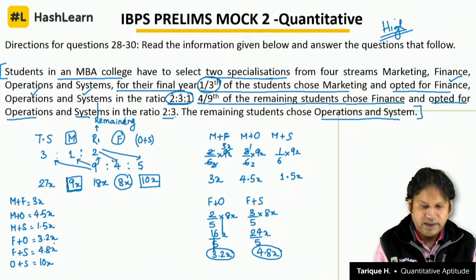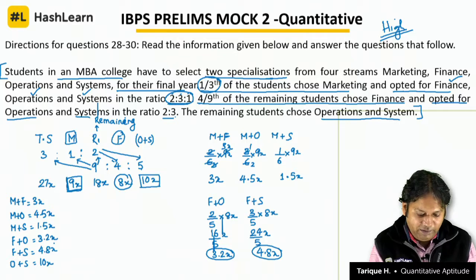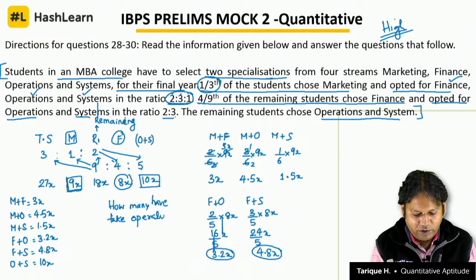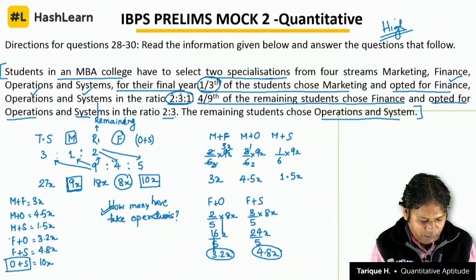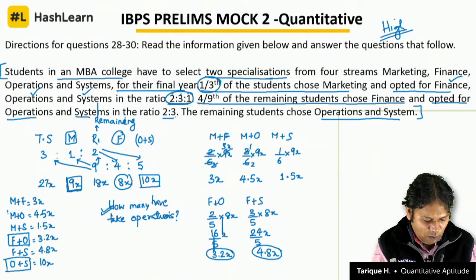Total students are 27x. Now how many people have taken operations as one of their specializations? Now we can see operations is here, operations is here also, and operations is here also.